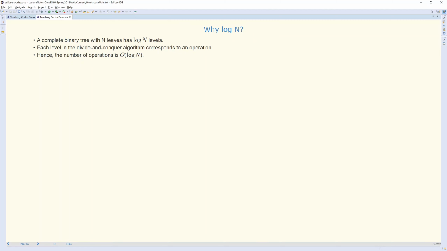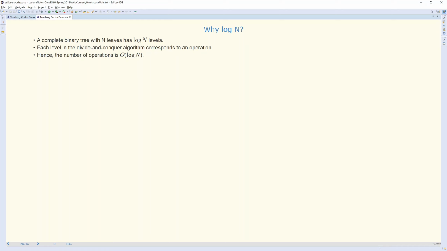Such algorithms have complexity in the scale of log n. And the reason for that is based on the idea of trees. If you're splitting into two, these are called binary trees. These are topics we're going to be discussing in the following chapters. But we're talking about now a decision tree where the input is split into two pieces, and each one is split into two pieces, so we form a binary tree.